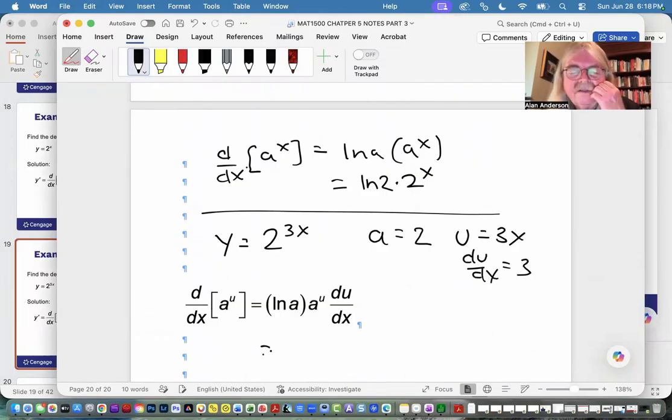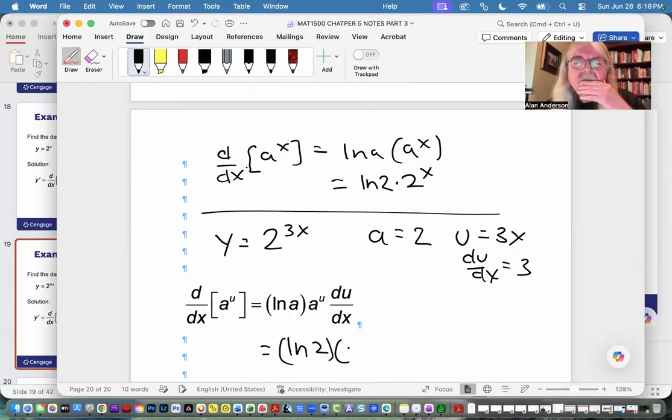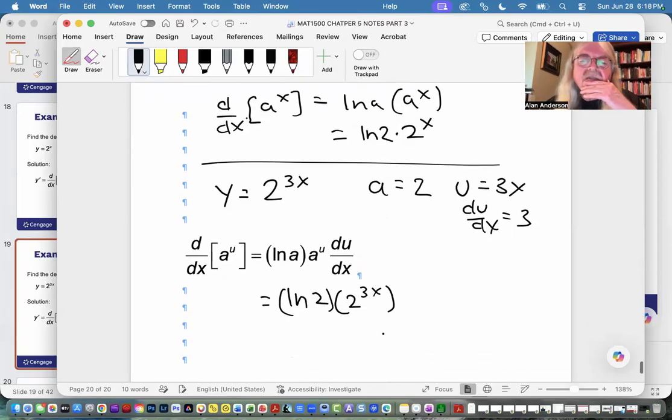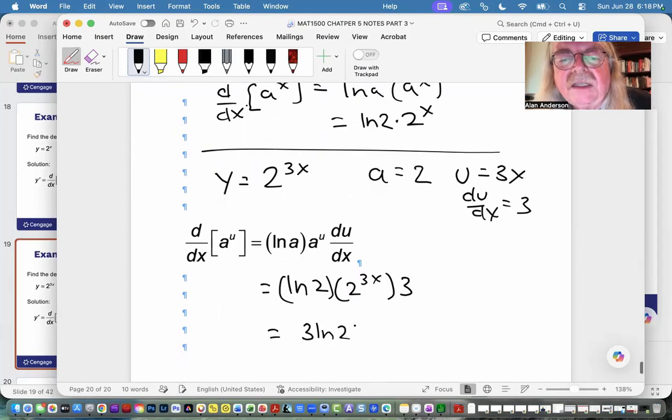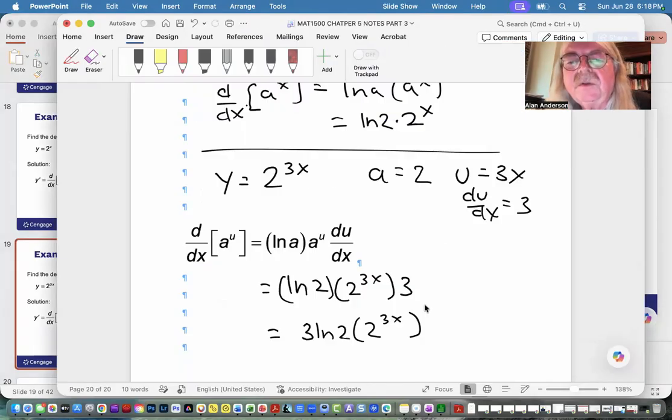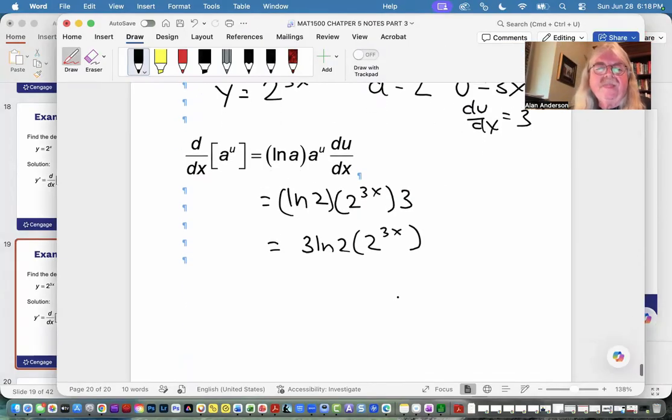So what do we have? Log 2, 2 to the 3x, times 3. Or, the book might read it like this to make it a little neater: 3 log 2, 2 to the 3x.